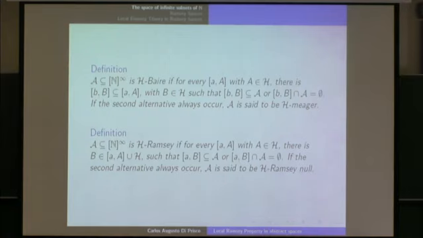And similarly for the Ramsey property: a subset A of our space is H-Ramsey if for every basic set with top part in the collection H, there is a smaller set that preserves the root, preserves the finite part, and only shrinks the top part, which is in the collection, such that this smaller basic set is contained in A or is disjoint from A. If the second alternative always occurs for A, then A is said to be Ramsey null.